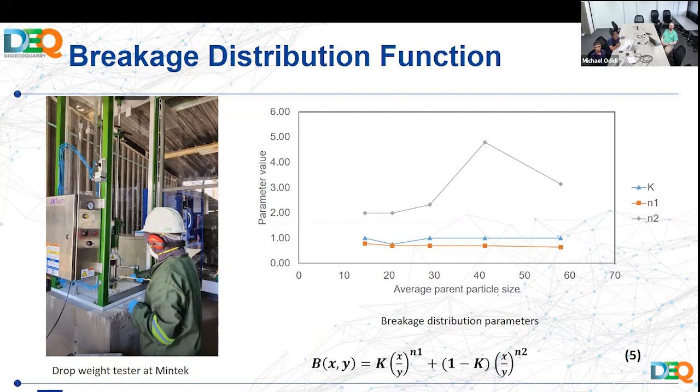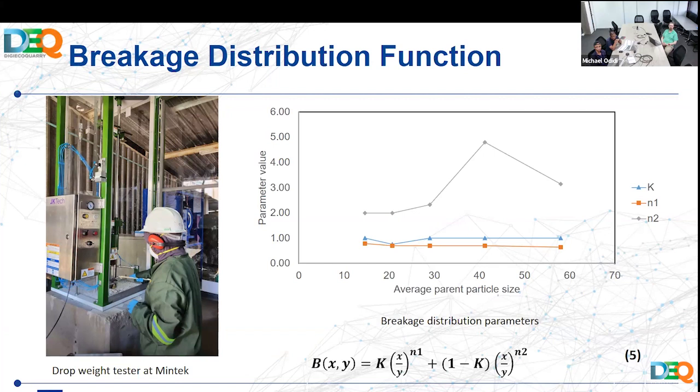We were not concerned by that behavior, because we understand that the K value represents the fraction of the feed material that can be characterized as fine. So 1 minus K is the fraction of the material that can be characterized as coarse. But if you look at the K value there, it's sitting at close to 1.